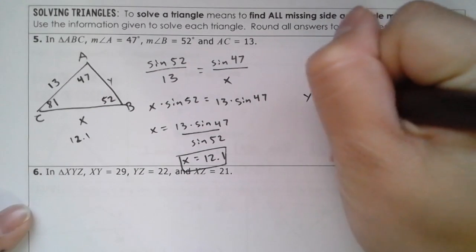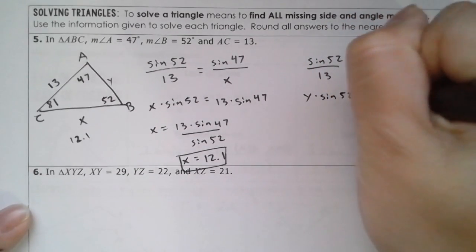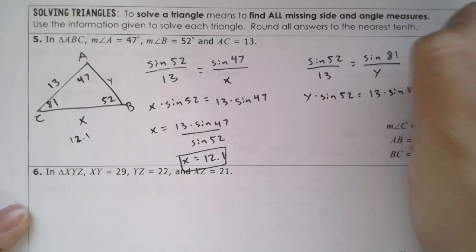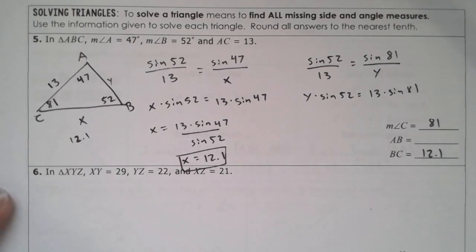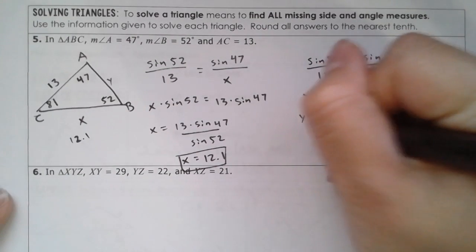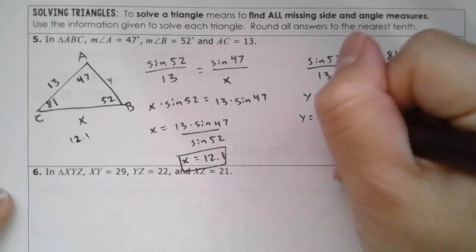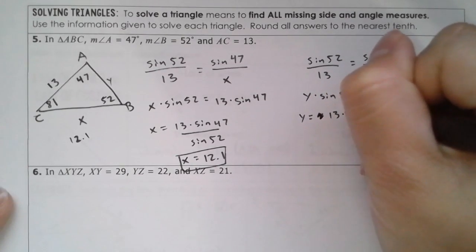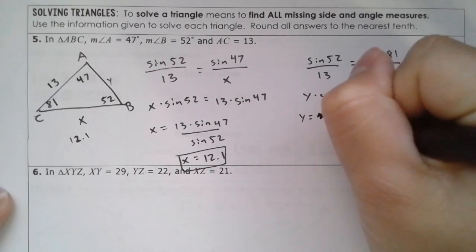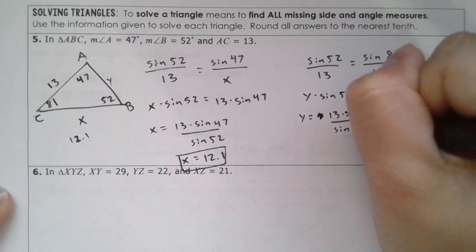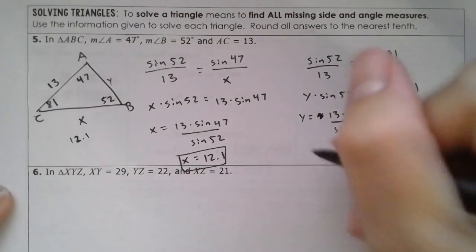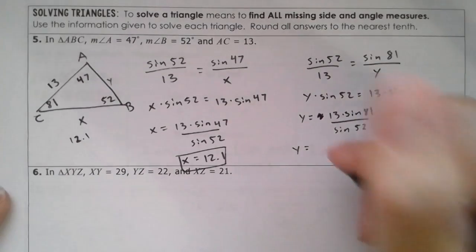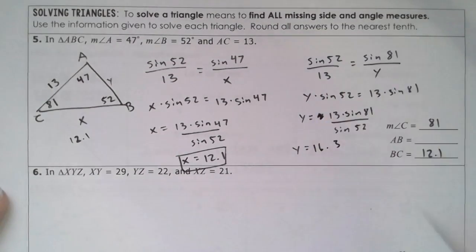Anyway, so it's y times sine of 52 is equal to 13 times sine of 81. You'll get y is equal to 13 times sine of 81 over sine of 52, and then in your calculators this will give you 16.3.